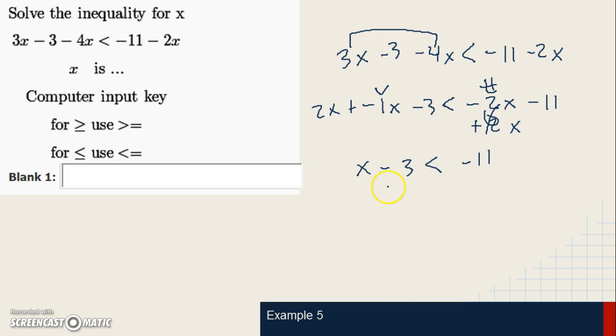How do you eliminate a minus 3? You just add 3. Make sure you do it to both sides. And I'm left with x is less than negative 3 plus negative 11 plus 3 is a negative 8. Since x is on my left side, when I go over here to my answer blank, all I need to type in is less than negative 8.